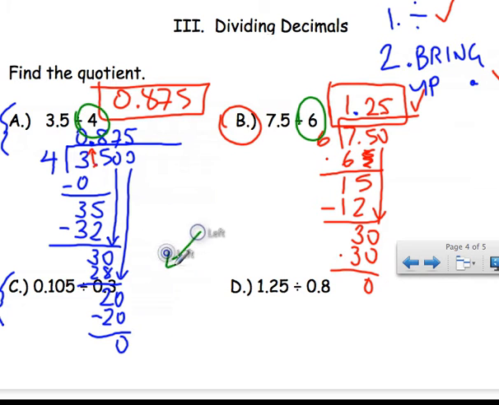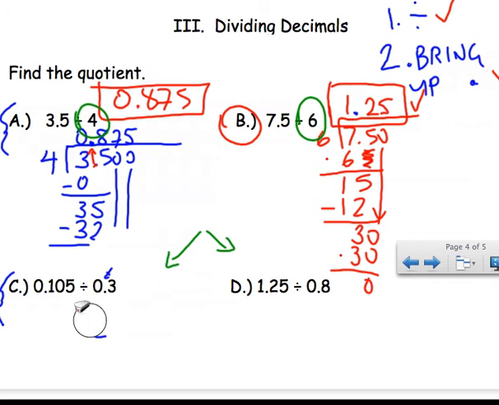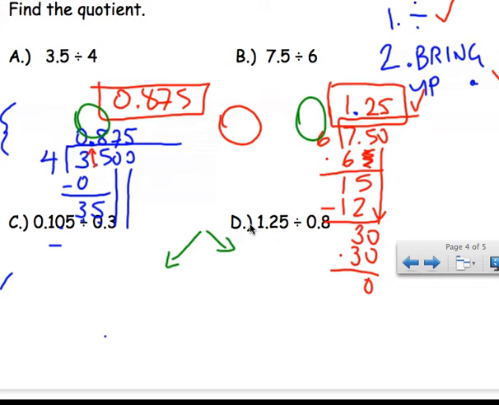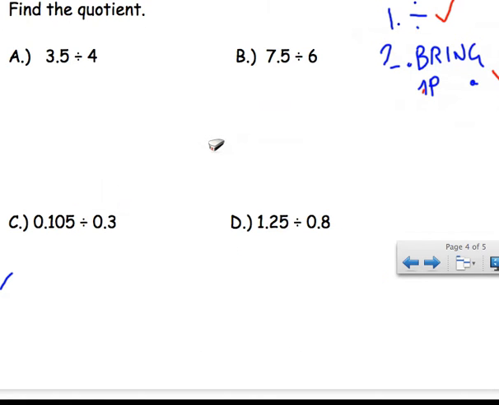In these two examples, you're going to see that we're going to be dividing by divisors that are not whole numbers. So I'm going to erase this so we can see this work. Looking at these two examples, first, I'll do C. We have 105 thousandths divided by 3/10ths.